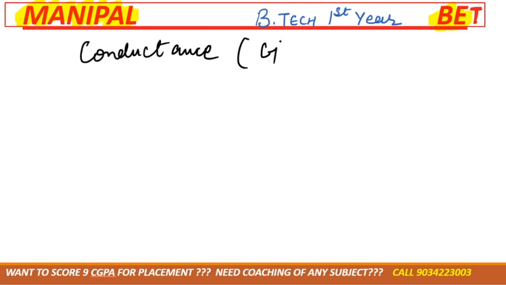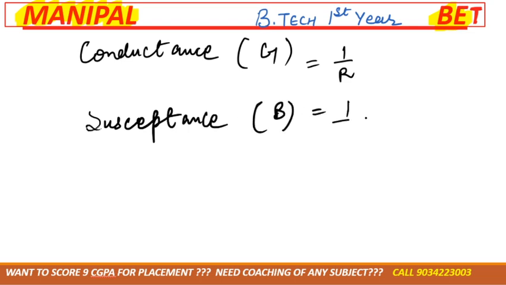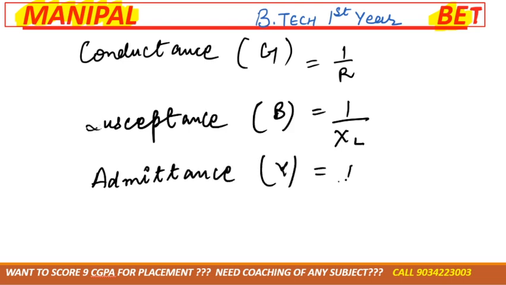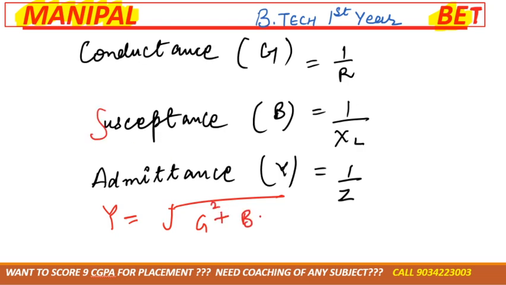Admittance is denoted by Y, and its formula is 1 by Z. Similarly, conductance is denoted by G, and susceptance by B. If you want to calculate total admittance, one is 1 by Z1, then you can find conductance and susceptance, square them, add and take the square root.